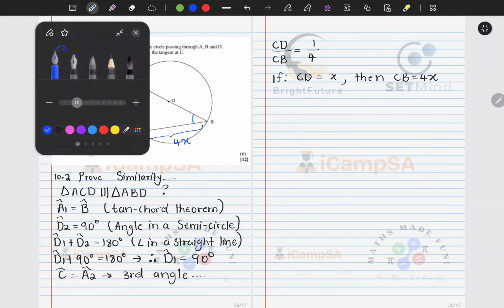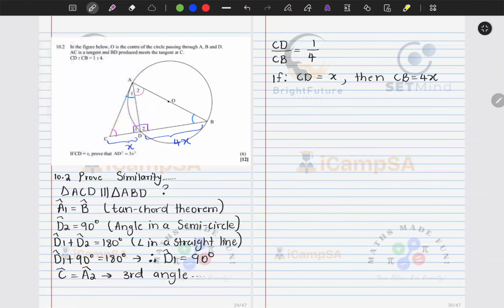Okay, and then let's just go and see how we can deal with this. Now we are required to figure out what AD squared is equal to. And this should be very easy to figure out because look at where AD is. So AD is in between these. And what we need to do is to put them proportionally.